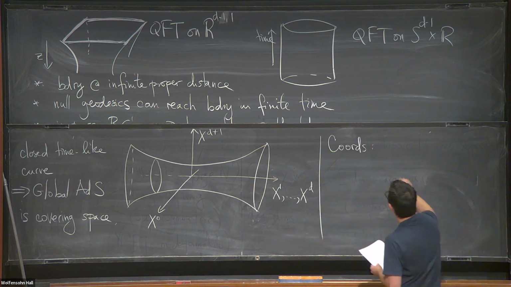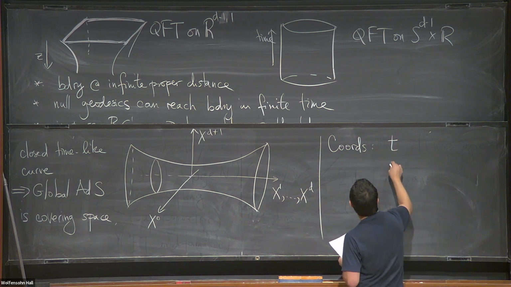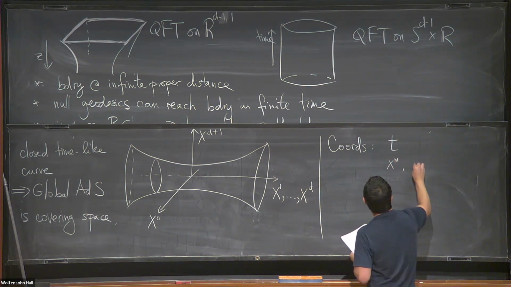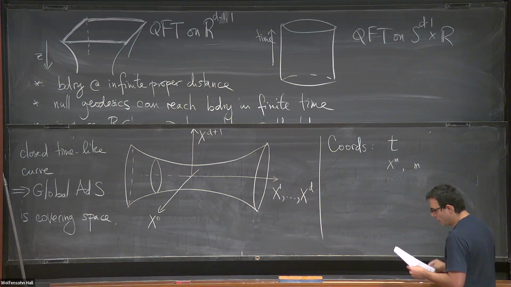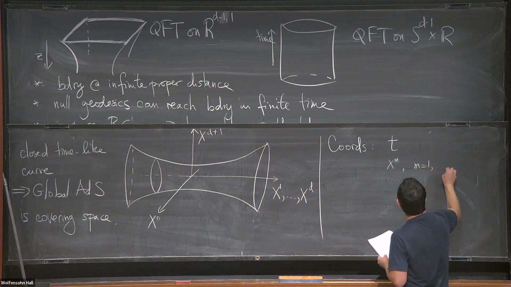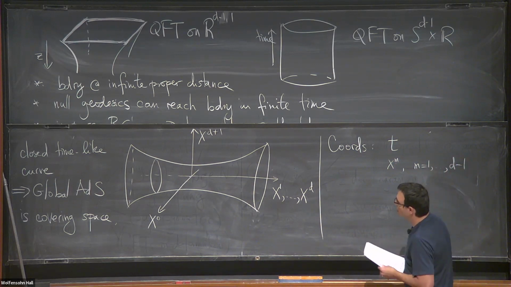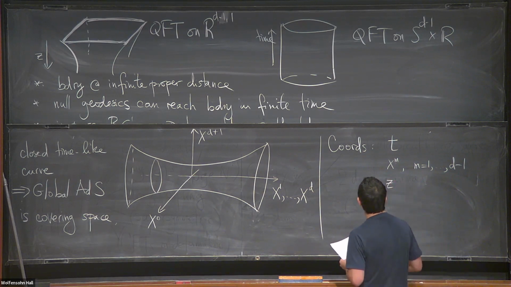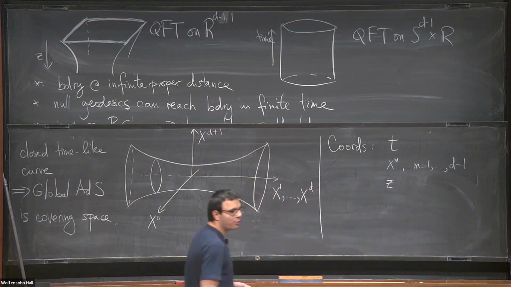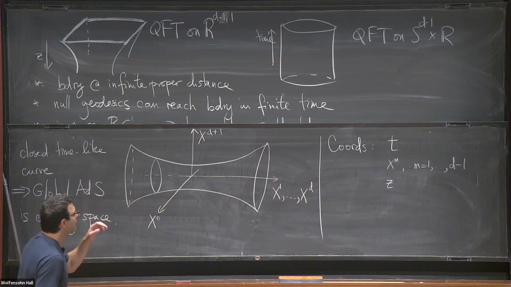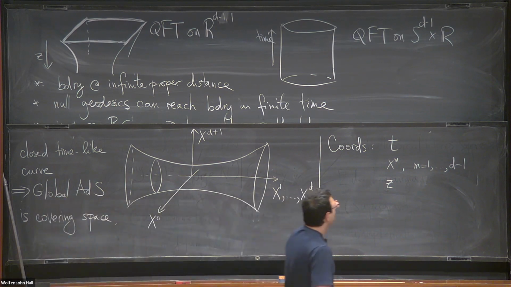One of them would be time. The other ones would be x^m, the space coordinates, where m goes from 1 to d-1. And then another spatial coordinate I'll call z. So in total, d+1 coordinates for a d+1 dimensional space. The relation between these coordinates and the x's is given on the right board.